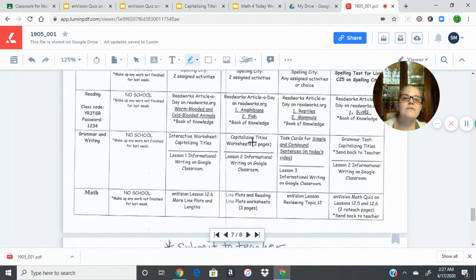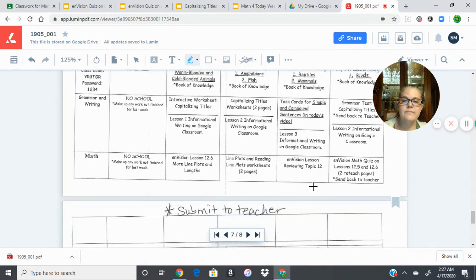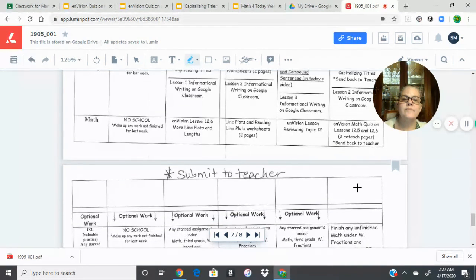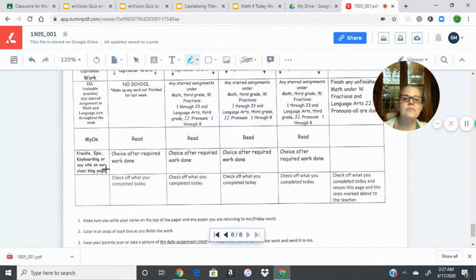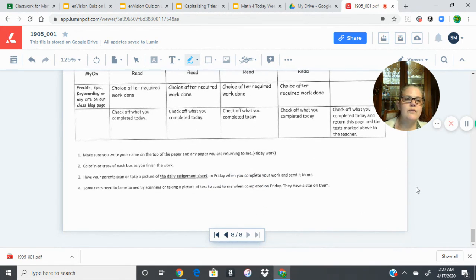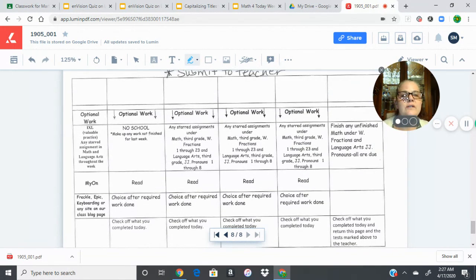We need to have done all of our grammar lessons and our grammar test and all of our writing lessons on Google Classroom. And then we have all of our Envision Math and our line plots and then our quizzes. And then this is the stuff we're trying to finish up this week. And then I'm going to be looking to see that these are all finished by Sunday. I'll give you the weekend to make sure you get those finished.